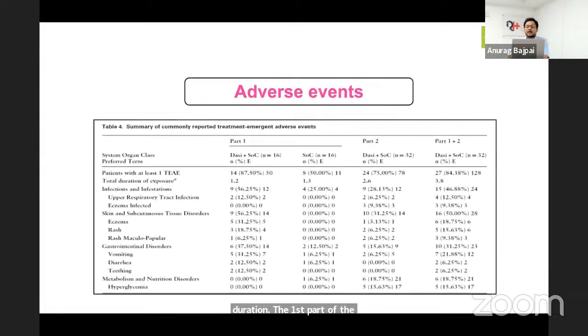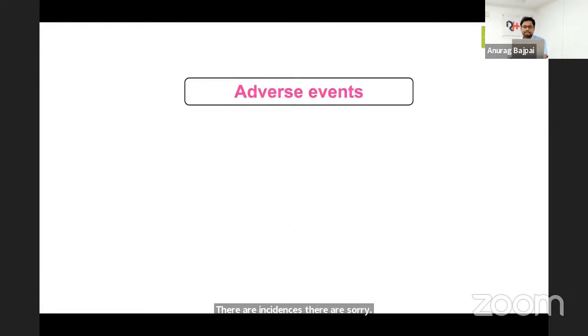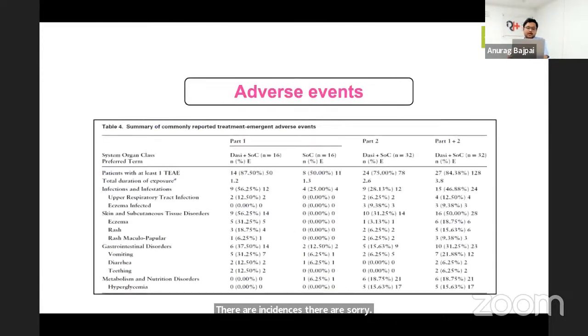Now, in comparison with the adverse effects with dasiglucagon, there were some rashes, eczematous rashes, some episodes of upper respiratory tract infections, and the most common side effects were vomiting, nausea, and diarrhea in the dasiglucagon group in comparison to the standard of care treatment.